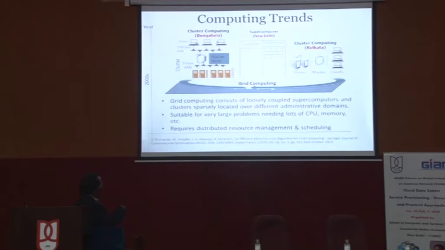We need a gateway to actually send it to each one of these resources. One of the problems when you have multiple resources is heterogeneity.